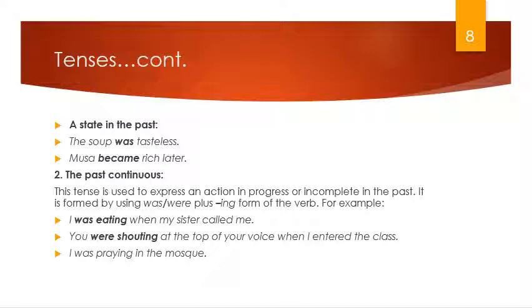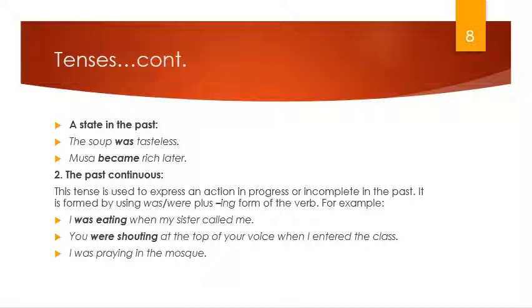Number 2 is the past continuous tense. This tense is used to express an action in progress or incomplete in the past. It is formed by using was for a singular form and were for the plural nouns or pronouns, plus the ing form of the verb.